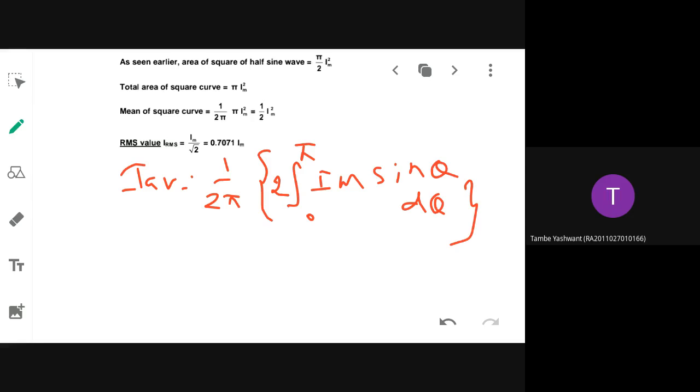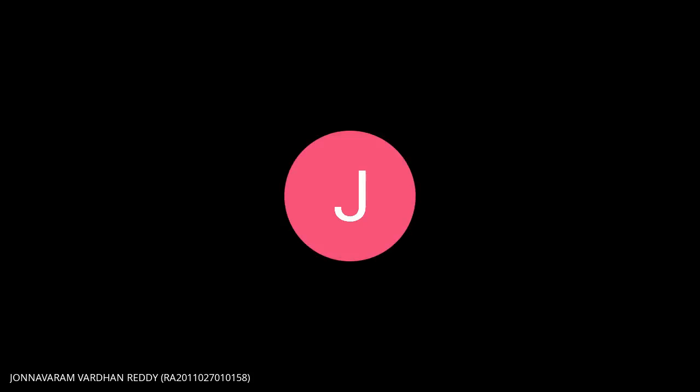It will not be 0. Both are positive. If you are doing it for 1 cycle, you multiply by 2. That's all.